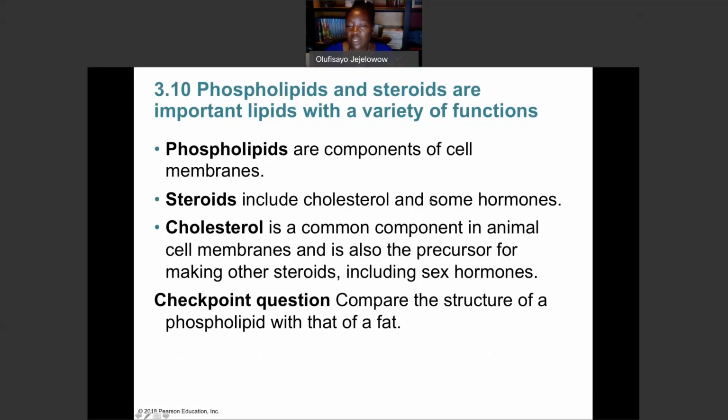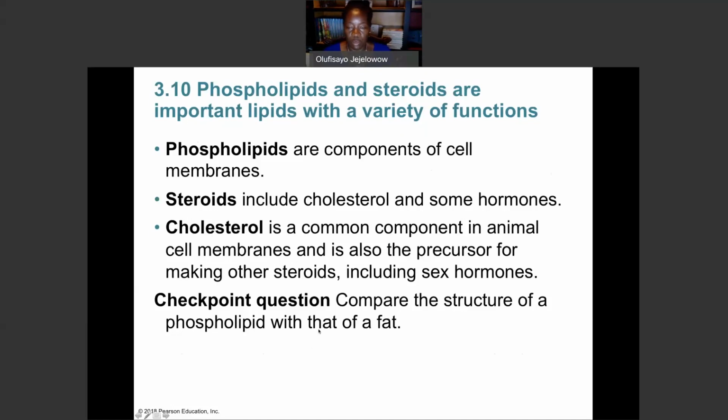Steroids include cholesterol and some of the hormones. We looked at testosterone, estradiol, and so on. And cholesterol is found in animal cell membranes, a very important component. It's also the precursor for making many of the steroids, including testosterone and estrogen, the sex hormones that we have.